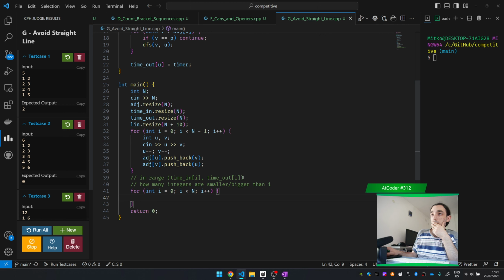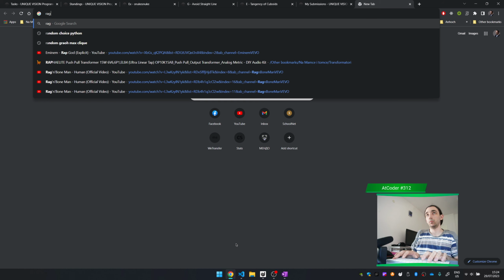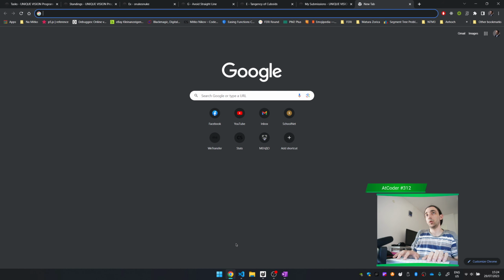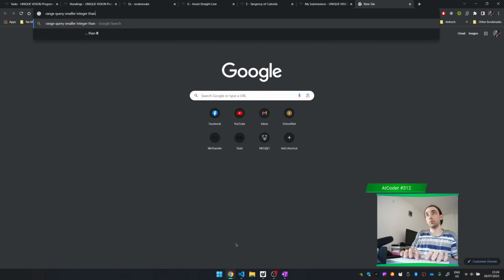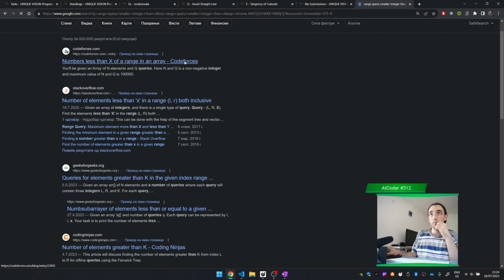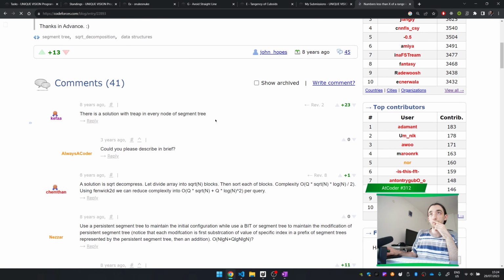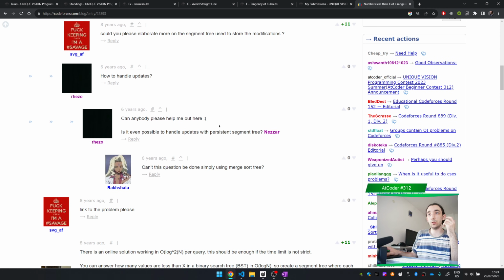So in this range, maybe square root decomposition would work. I mean, use persistent segment tree, but I don't want to use a persistent segment tree.